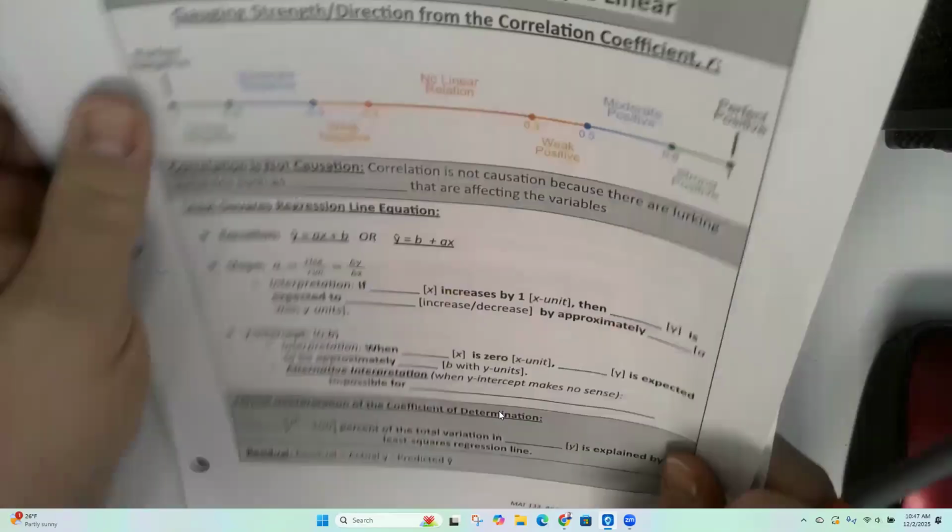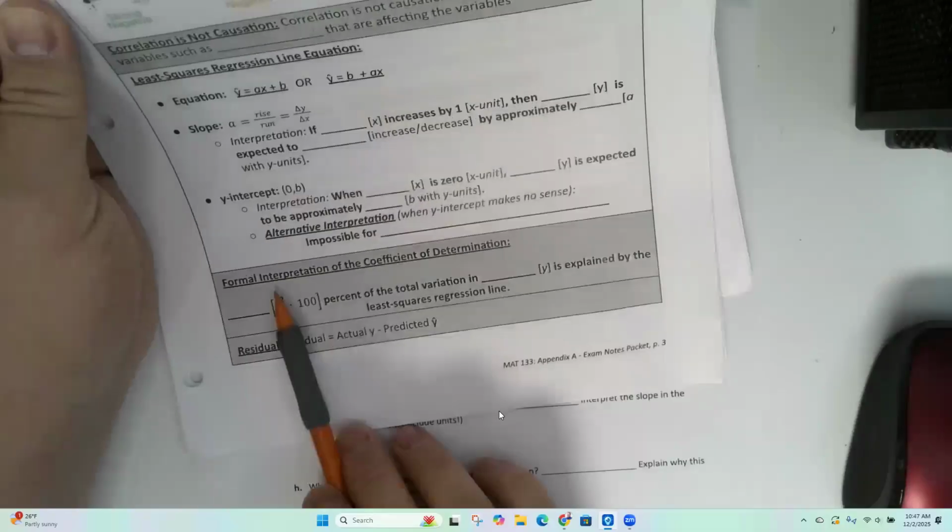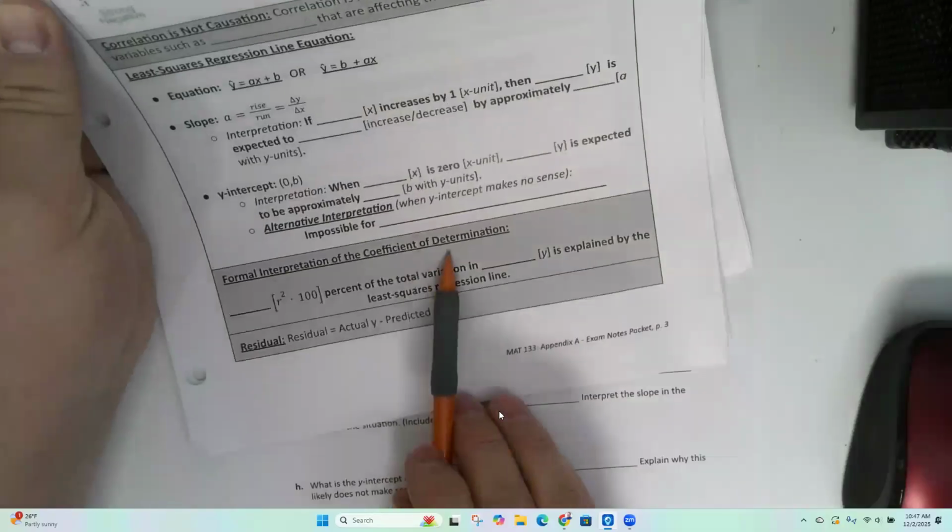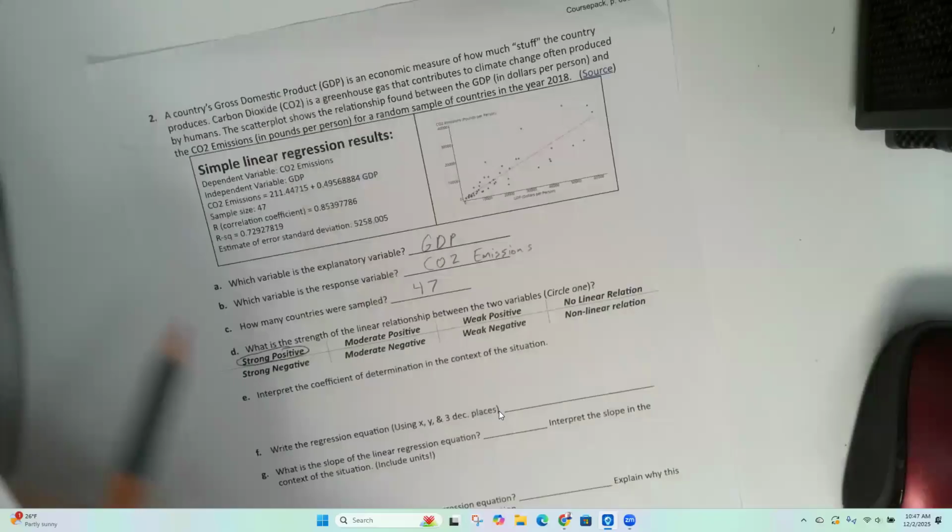That's here. Formal interpretation of the coefficient of determination. So all this stuff's on page 255.